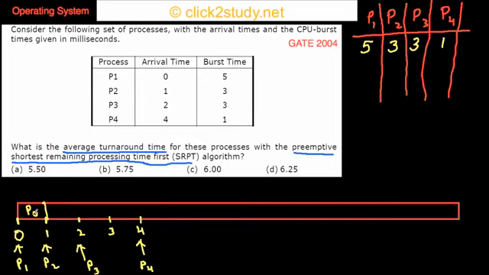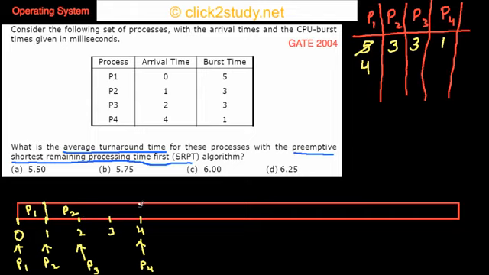P1 will run from 0 to 1, and that means its remaining time will be decreased to 4. At time 1, P2 comes in, and for P2 the remaining time is better, it is just 3. So from here onwards P2 will start running. P3 comes here, but for P3 the remaining time is 3, and by this time the remaining time for P2 will become 2, so it will not be kicked off. So P2 will keep on running.